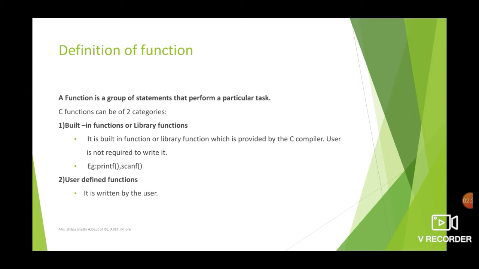Such functions are called built-in functions or library functions. Whenever we use any library function, we need to first know in which header file it is defined, and that header file has to be included in the program, and only then can we call those functions.